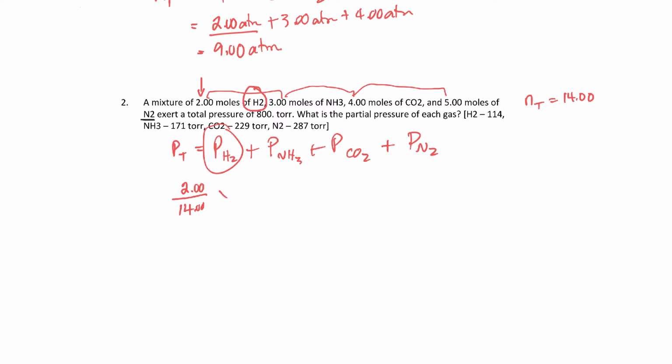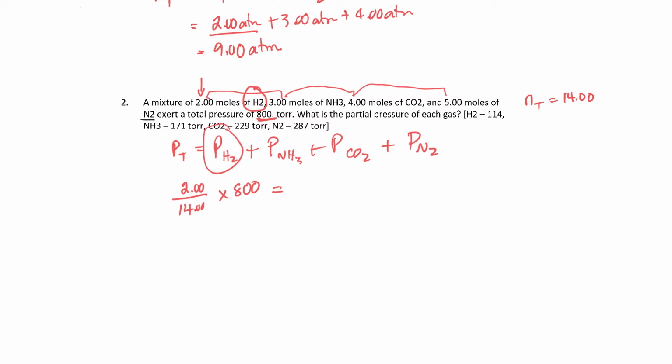Then I just multiply that by 800. That's our total pressure, right? So hydrogen is doing 2/14 of the 800. I do 2 over 14, multiply that by 800, and see what that comes out to.